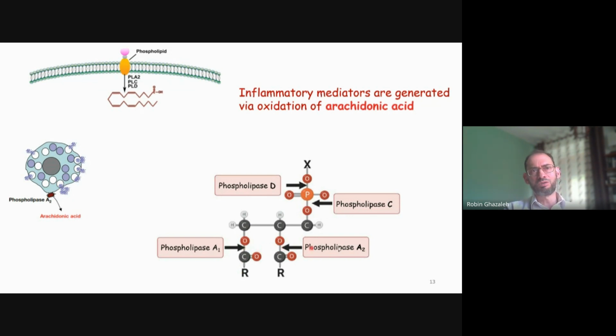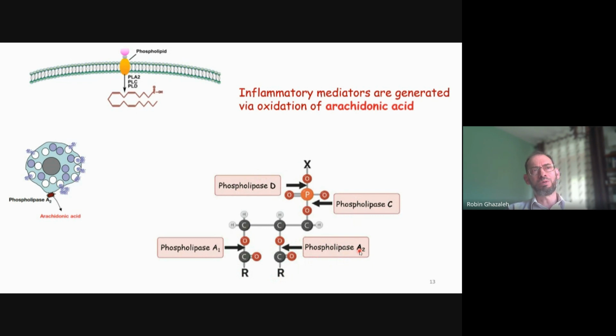When the cell wants to store arachidonic acid, it puts it here, on carbon 2. This may not matter much to you, but it's important, though we don't want to make it too complicated. In our story now, we're interested in phospholipase A2.